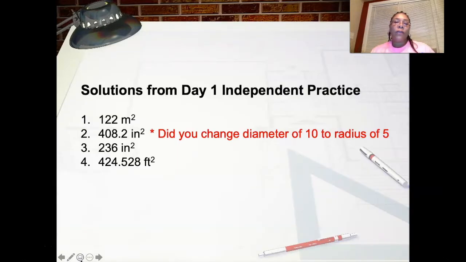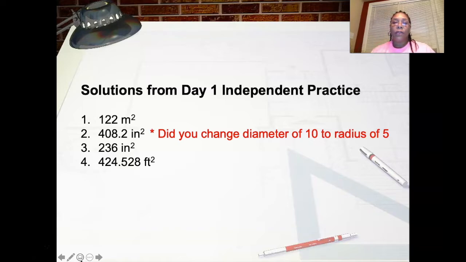Our solutions from day one, our independent practice, is as follows. Number one, 122 meters squared. Number two, 408 and 2/10 inches squared. If you didn't get that correct, make sure you change that diameter, which was given to us as 10, to the radius of 5.